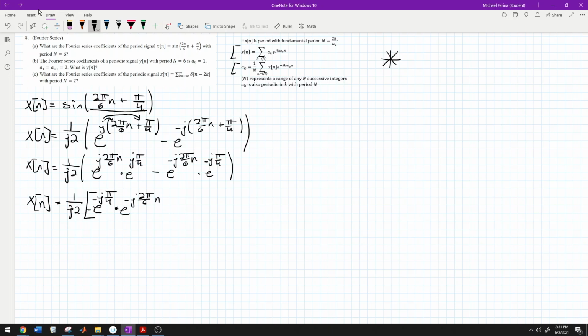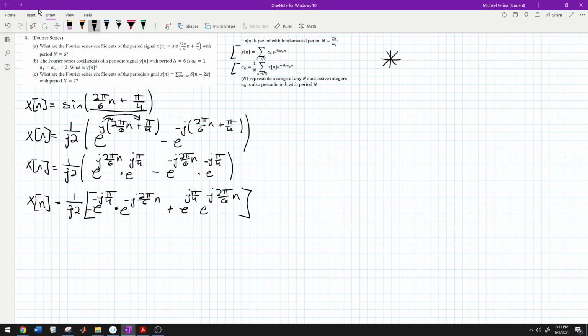And these are both minuses, I guess. And then plus e to the j pi over 4, e to the j 2 pi over 6 times n.